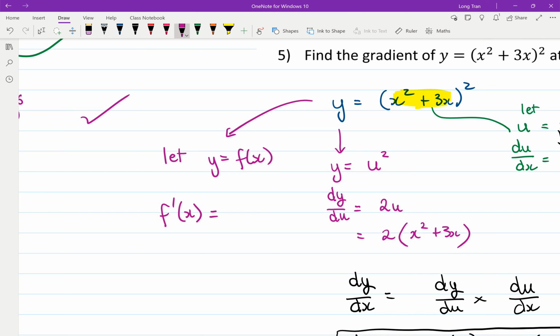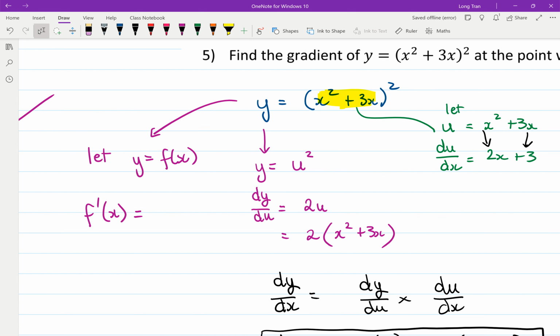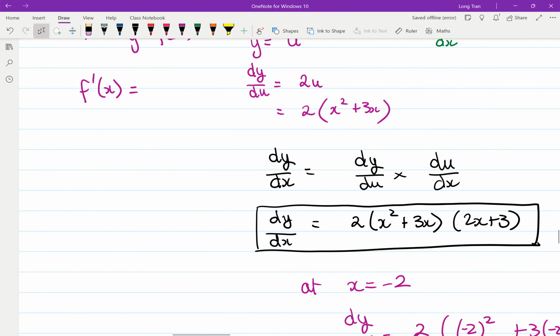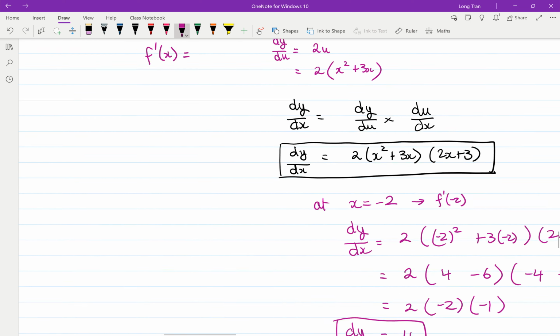If you do it in that notation, the replacement for this one would be f dash of negative 2. You can then substitute it into the equation.